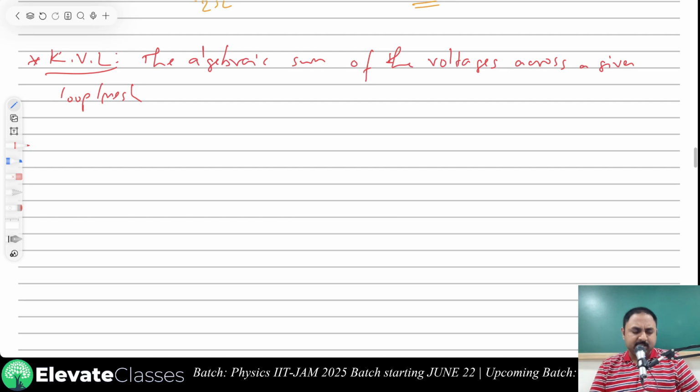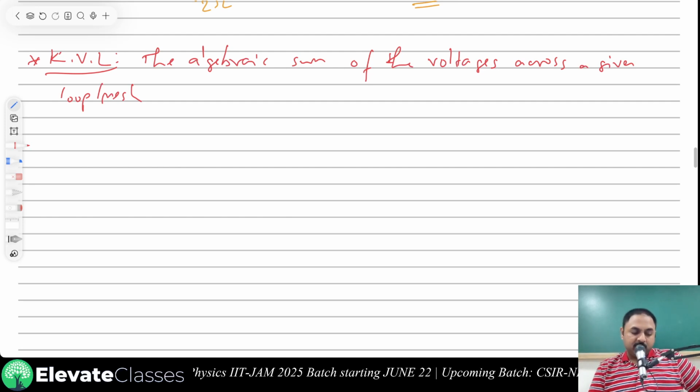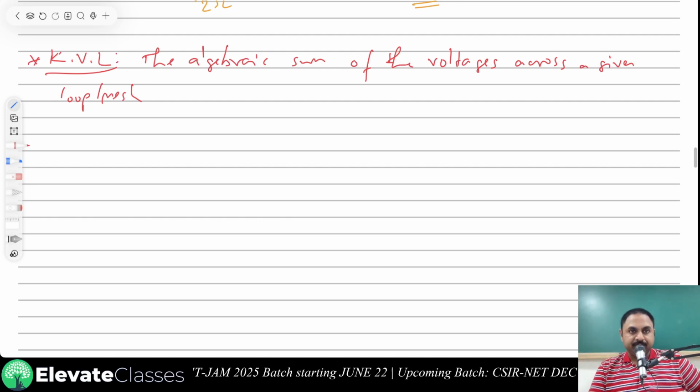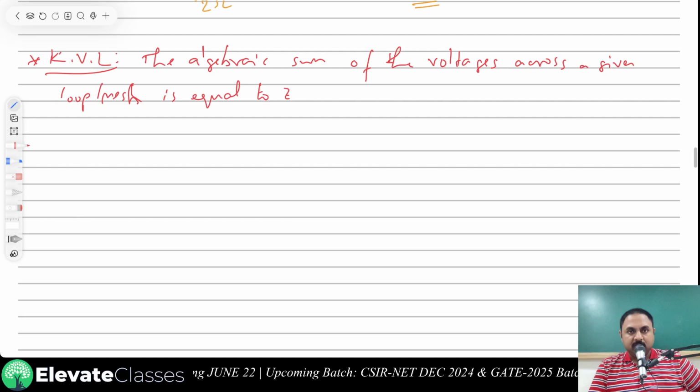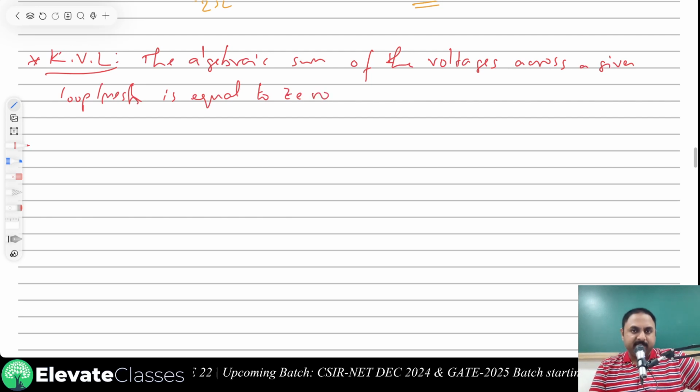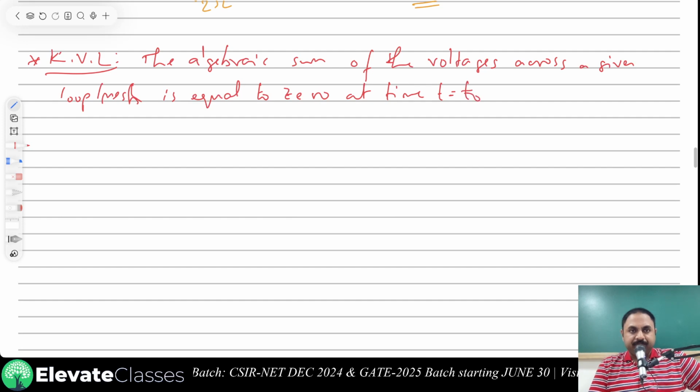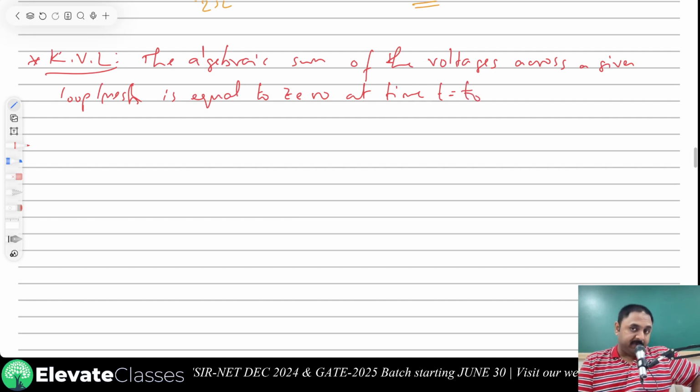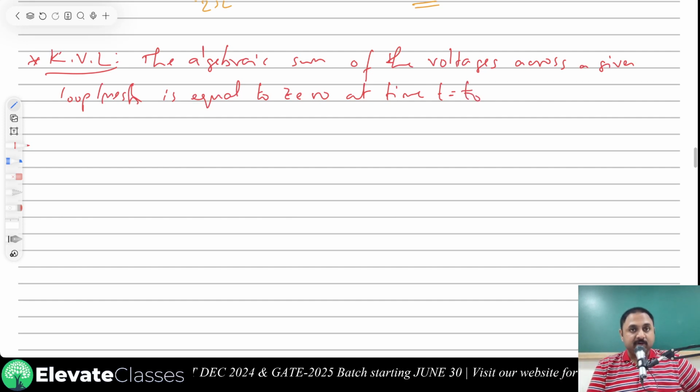A loop simply means a closed path. Along a loop or a mesh, the sum is equal to 0 at any time t. So the algebraic sum of the voltages across a given loop is equal to 0.